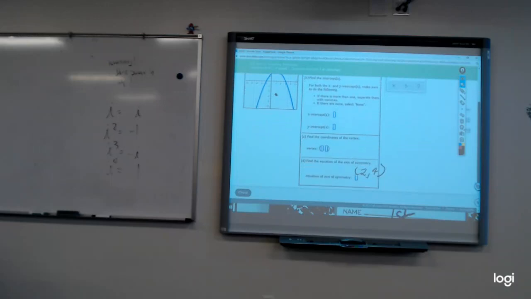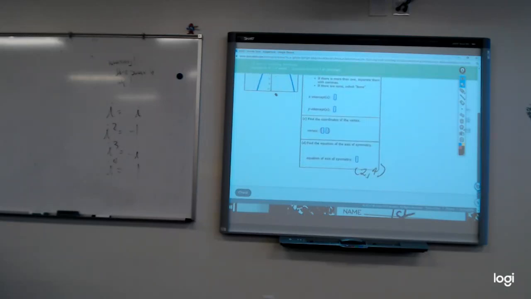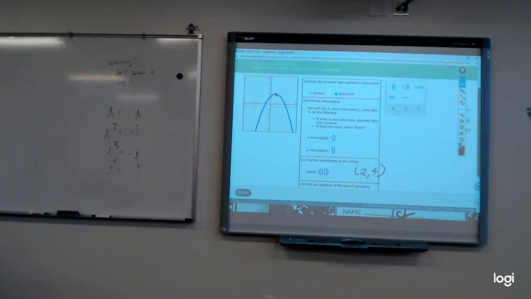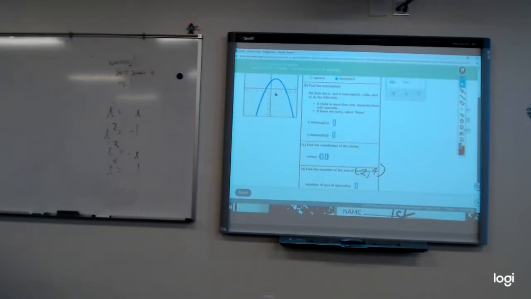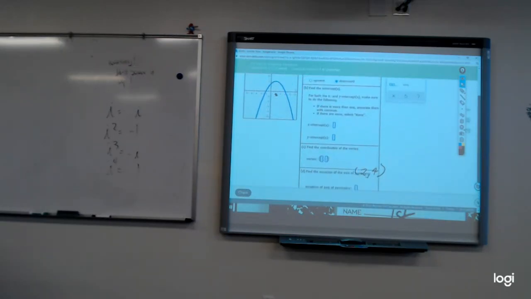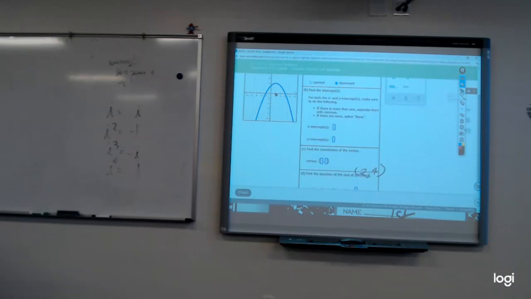And then this last question is find the equation of the axis of symmetry. And that sounds really scary. And you're going to get it wrong for one reason, and I'll show you what that is in just a second. It says find the equation. Let's erase this. So find the equation. Equations have equal signs. So if you don't have an equation, you're going to get it wrong.